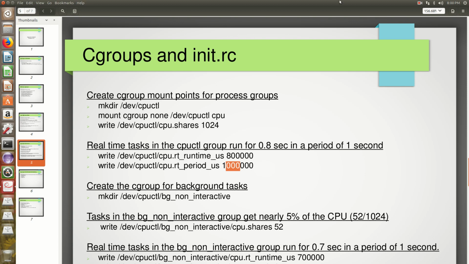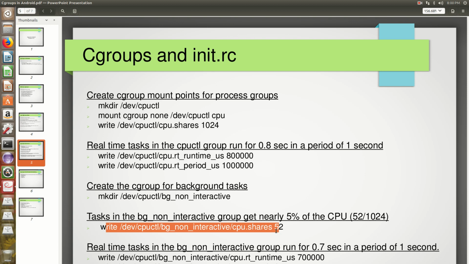Okay, now we have another level of C groups in the same root, which is called BG non-interactive. These are background and non-interactive tasks, and the CPU shares for this are configured as 52.